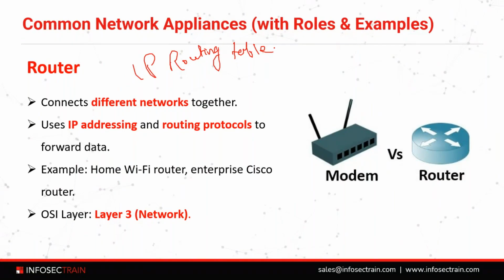So it will check the routing table to decide where to send the packet next. If the destination is within the same local network, it sends it directly. If it is outside, it forwards the packet to the internet service provider's router, right? And when the destination replies, the router maps the response back to the correct internal device, right? So that is a router, which allows multiple devices to communicate with each other.